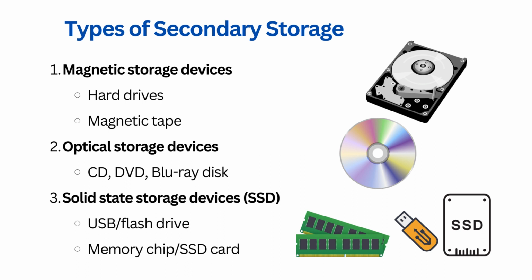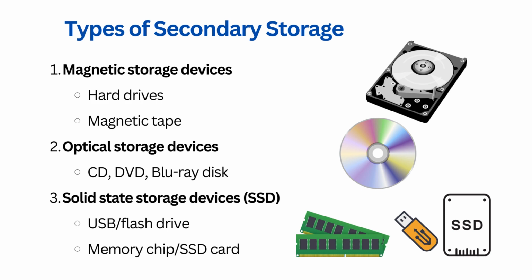Secondary storage devices can be classified into three main types: magnetic storage devices, optical storage devices, and solid state storage devices. Magnetic storage devices use magnetized fields on spinning metal disks to locate stored information and data. Examples are hard disk drives and magnetic tapes.